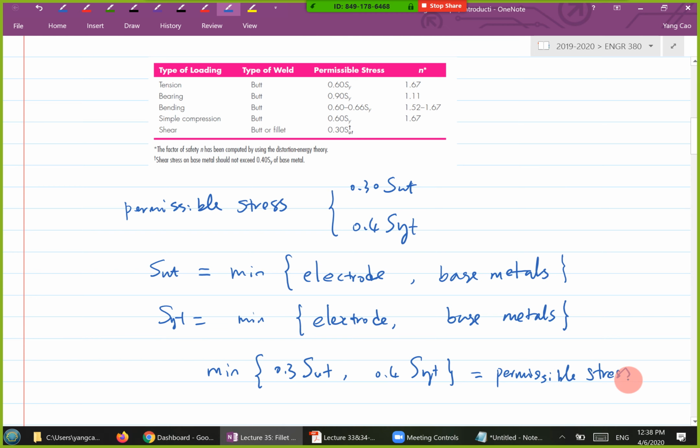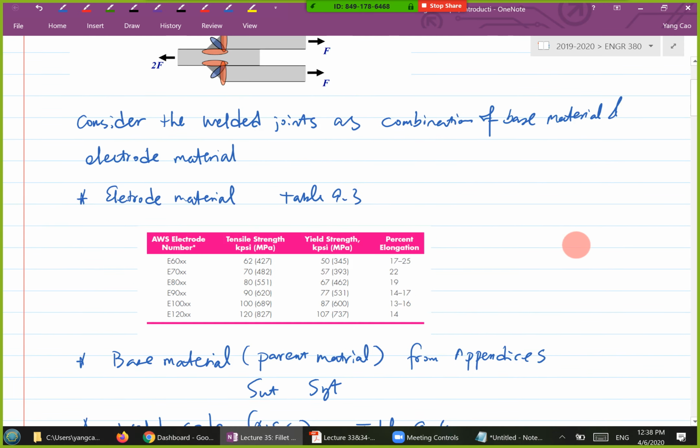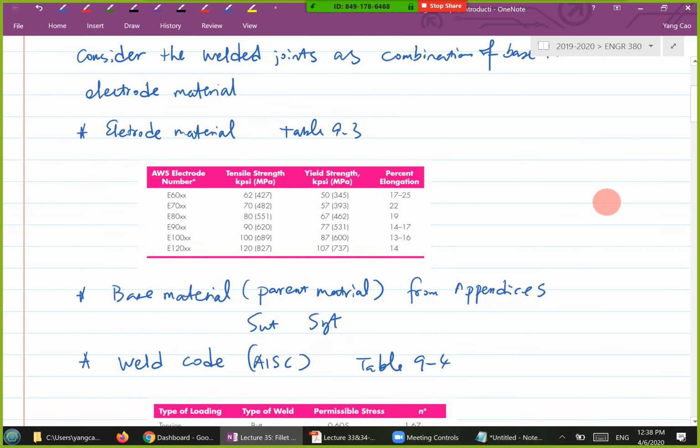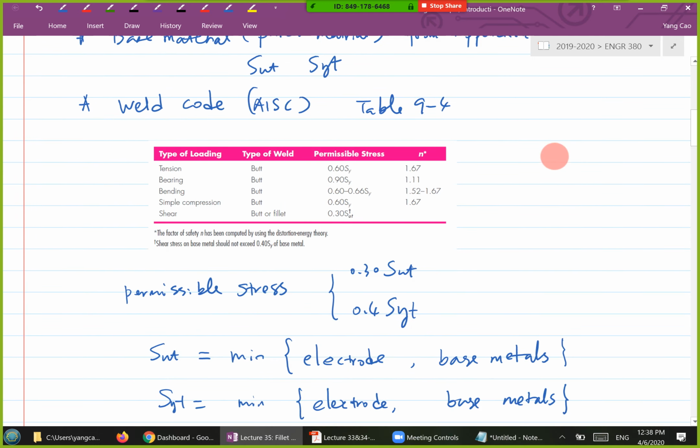Okay. So this is the approach based on our consideration of the whole weld joint as a combination of base metal and electrode material. Now, of course, if you just want to analyze the electrode, without considering the base material, then for your SUT, SYT, you won't have to consider the base metal.